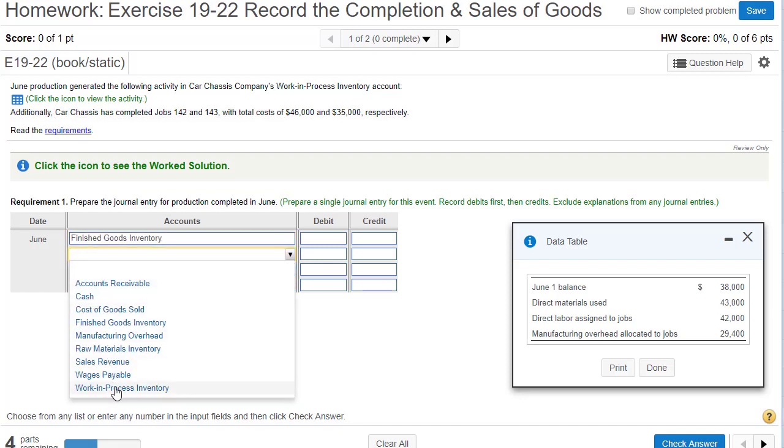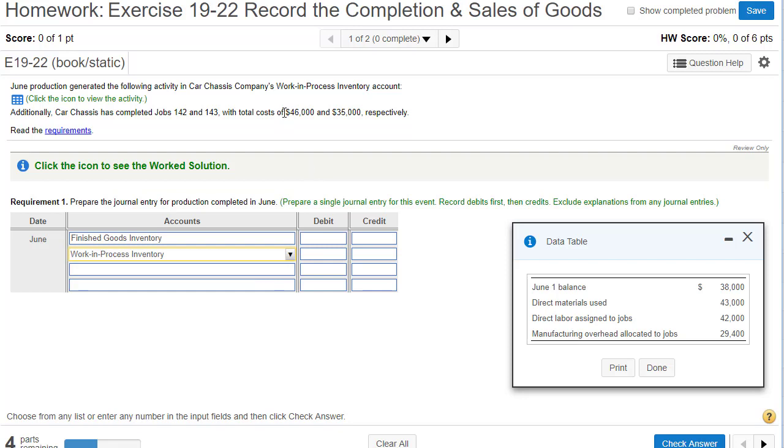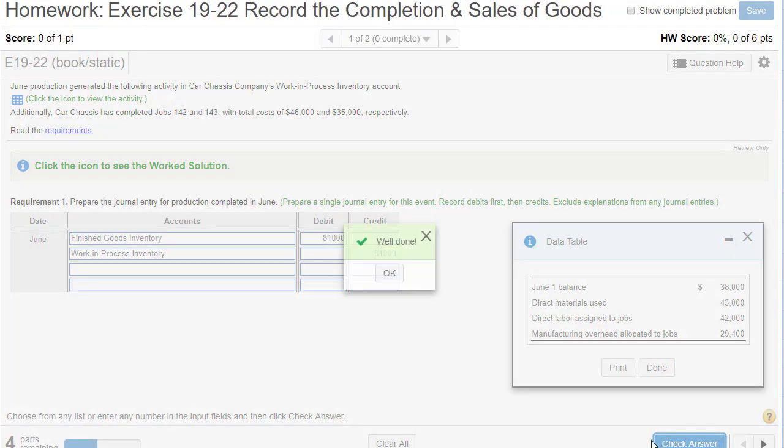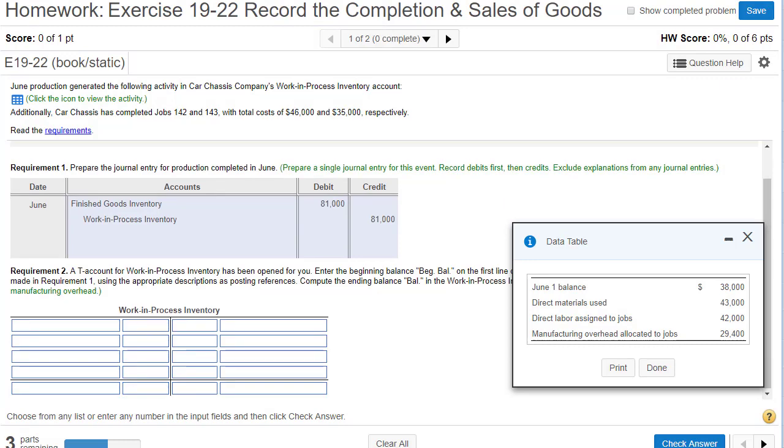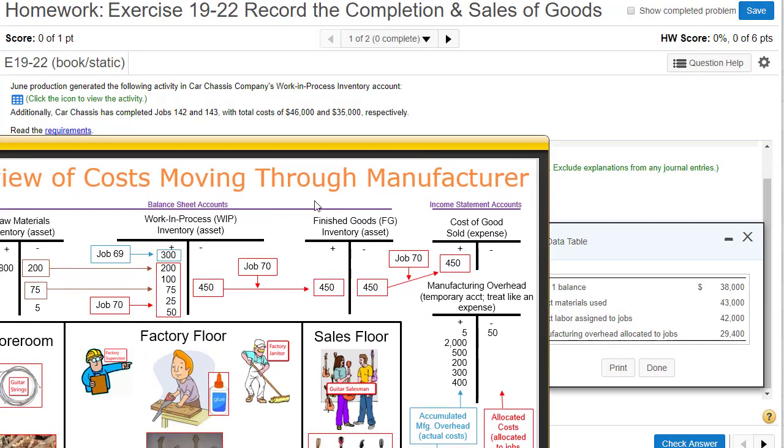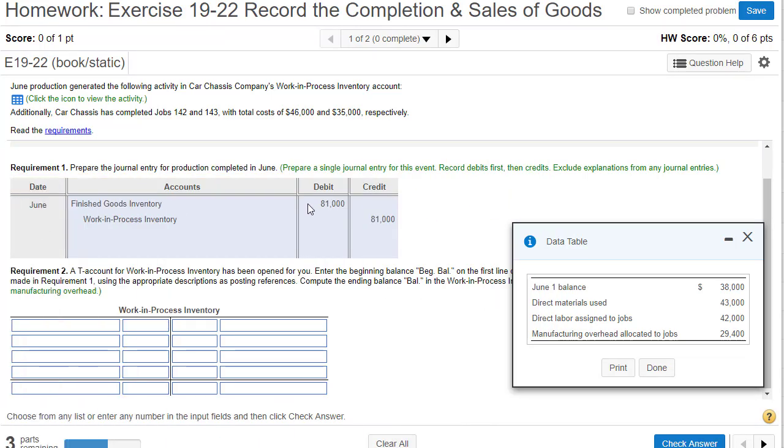They're going to leave the work in process inventory, and we're going to combine those two amounts, $46,000 and $35,000, and that equals $81,000. So again, all we've done is we've moved $81,000 of products that were being built, but they're finished now. So we're going to put them over here in finished goods, which is probably our warehouse.